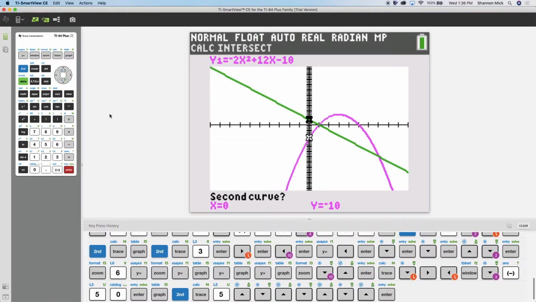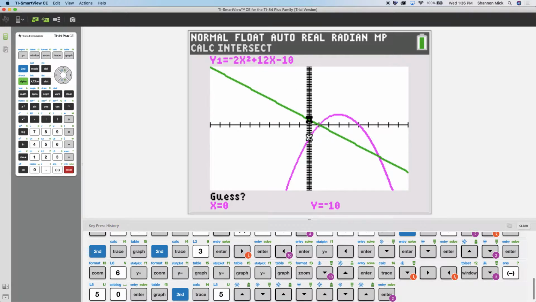What did you notice about your equation? It switched and it says second curve. So guess what? Hit enter. Now it wants a guess. What were we finding? Mine's telling me what I'm finding. Yours is not. So you have to remember what you're doing. What are you doing? Intersect.